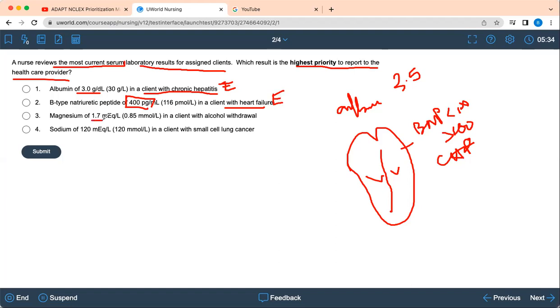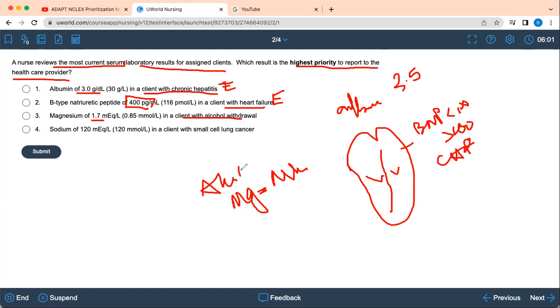Magnesium of 1.7 in the client with alcohol withdrawal. Alcoholics have micronutrient deficiency, and one of the micronutrients you should pay attention to is magnesium. They have low levels of magnesium because of nutritional problems, because the kidney gets rid of it, and therefore in alcoholics you expect their level to be low.